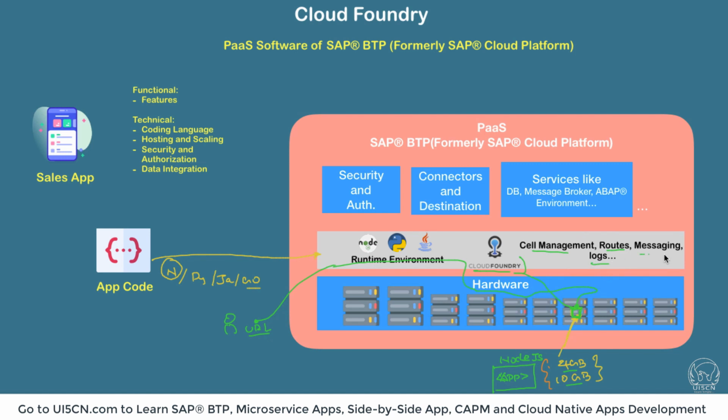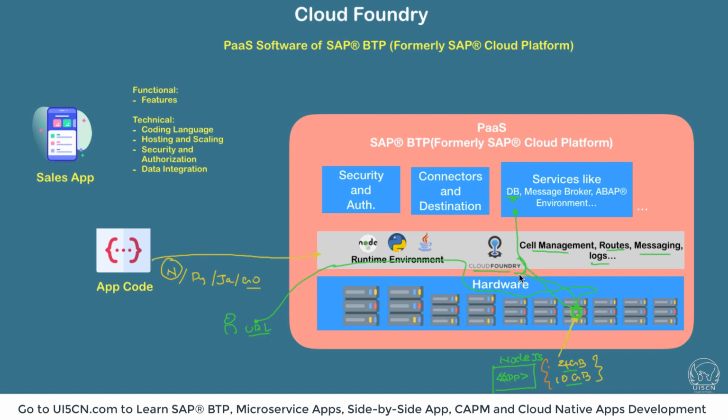And there is also messaging which can happen if you have certain services, then how the service integration can be done. So imagine you are using a database here, then how the database basically integrates to the application. So your application can store data to the database. So all that is managed by your Cloud Foundry environment.